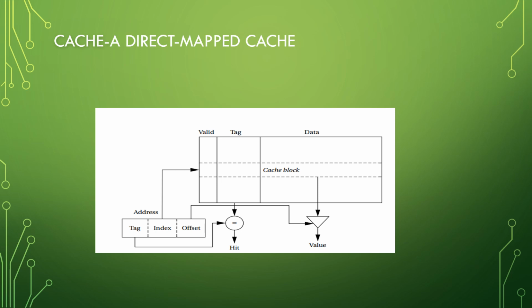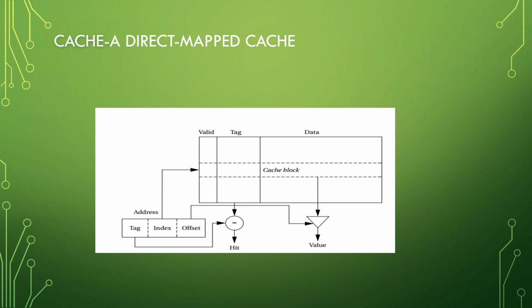The index is used to find which cache block to access, and the tag is compared with the tag in the cache block. If both tags match, the data requested by the CPU is found inside the cache block, which means a hit.